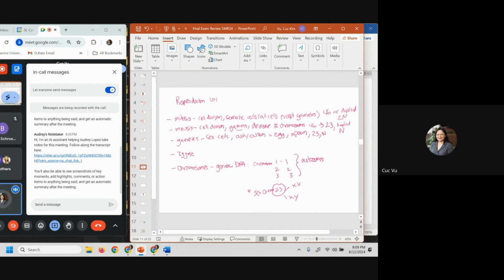So if we were to bring two gametes together, it forms a zygote. So a zygote is the fertilization of an ova, an ovum, or an egg by a sperm. So when it comes together, the chromosomes combine.